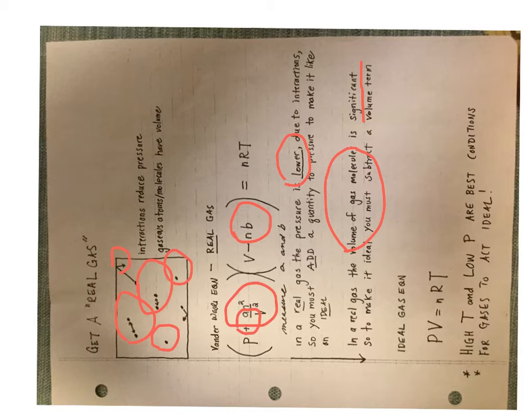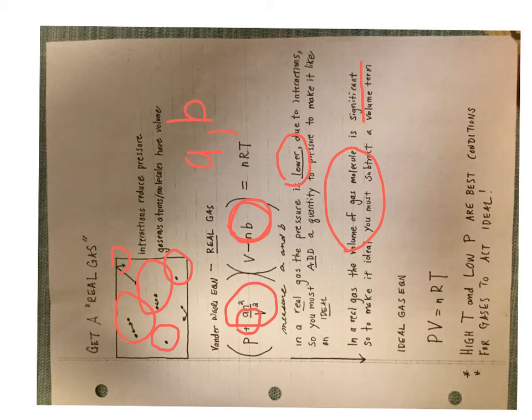Likewise, because the volume of a real gas is actually larger, we need to subtract off a term to make that real gas more like an ideal gas. So we have to modify the ideal gas law using the van der Waals equation and the variables a and b, which are experimentally determined and usually found in a big chart in the textbook.